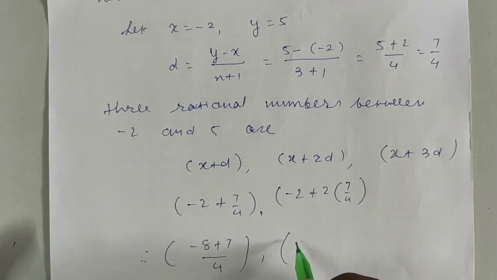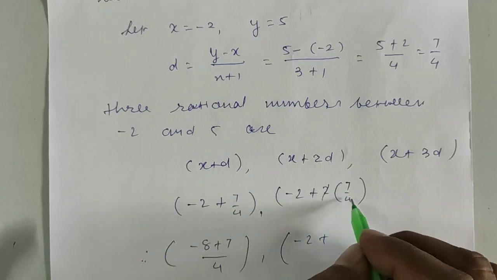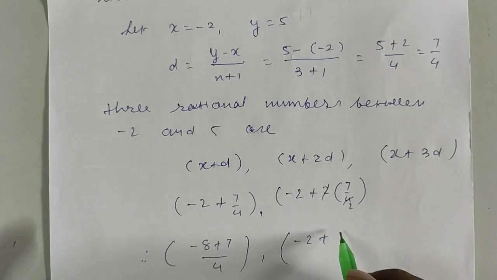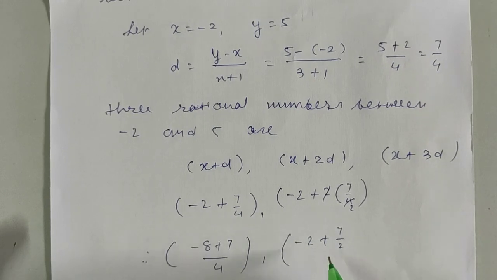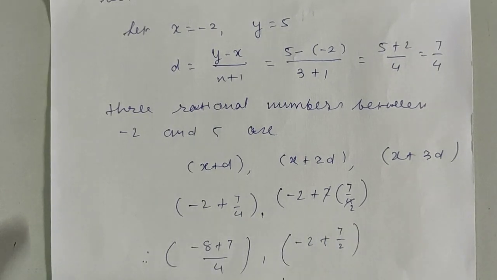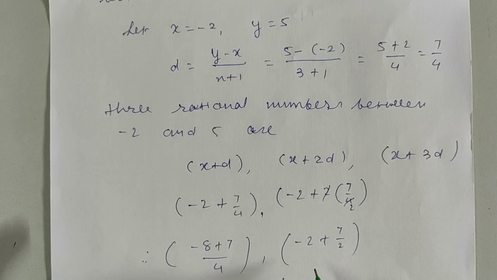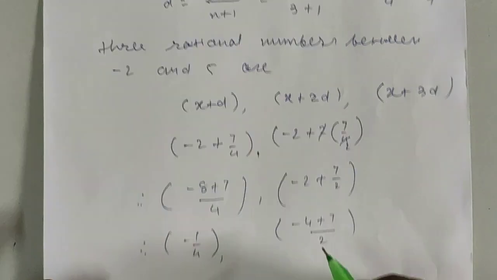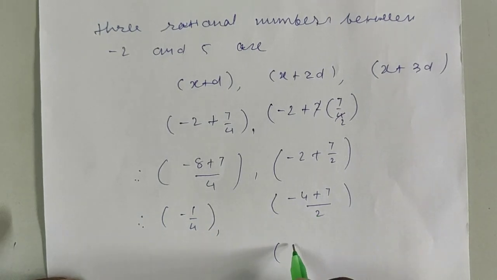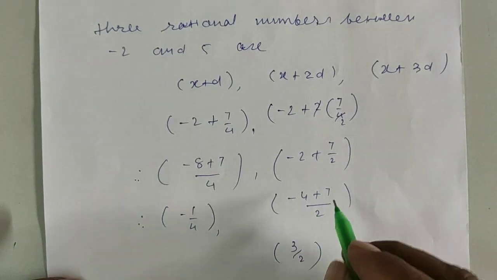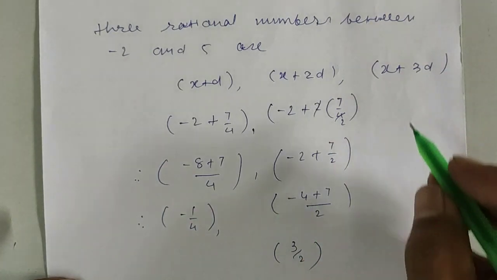Minus 2 plus 2 to cancel, minus 2 plus 7 upon 2. So taking cross multiplication, minus 4 plus 7 upon 2, so 7 minus 4 is equal to 3 upon 2.